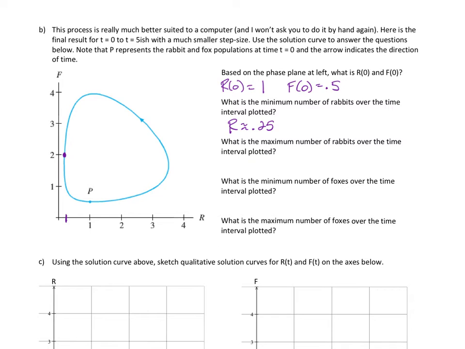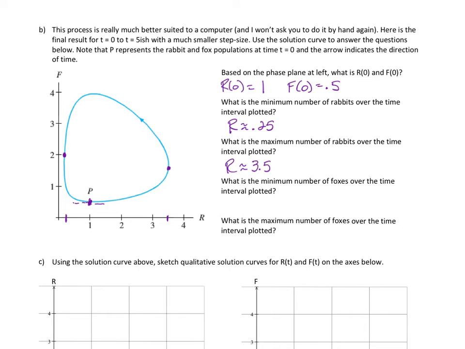What is the maximum number of rabbits? That would be the point furthest to the right, maybe right here. I think that happens at about 3.5, so R is approximately 3.5 at its maximum. Minimum number of foxes: foxes are measured along the vertical axis, so I want to find the lowest point, which I'm thinking is actually this initial condition.